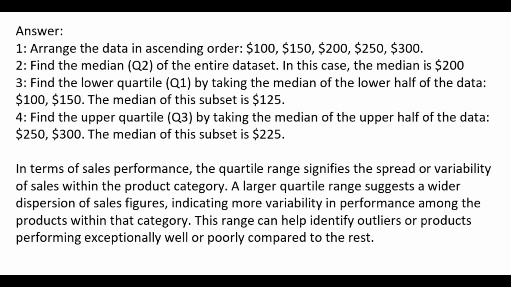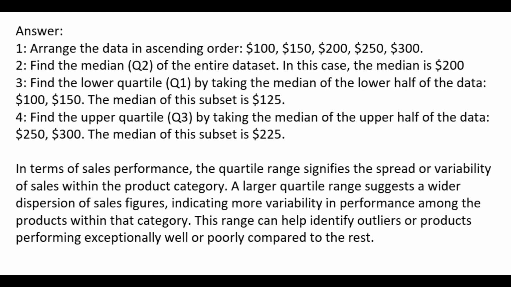Here is the answer. The median is $200. The lower quartile is $125, and the upper quartile is $225. In terms of sales performance, the quartile range signifies the spread or variability of sales within the product category.